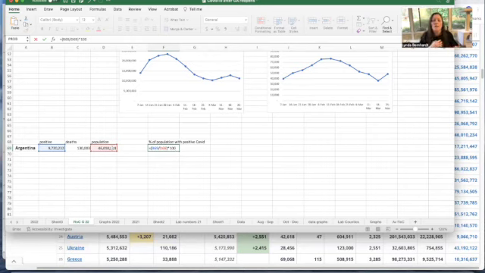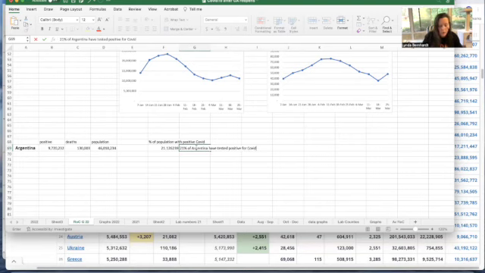I'm doing that because that will give me literally the percentage. This means 21% of the population, so 21% of Argentina have tested positive for COVID.